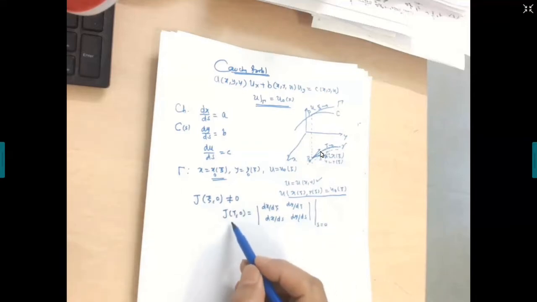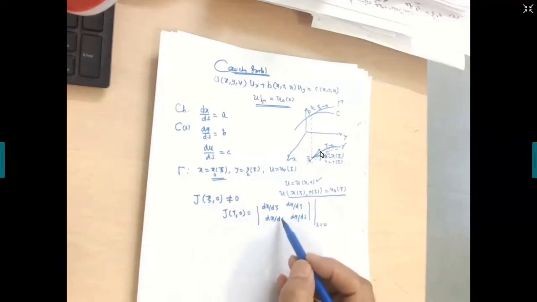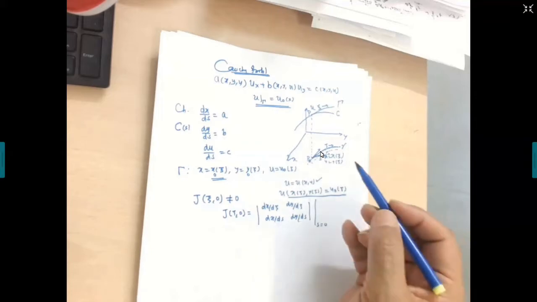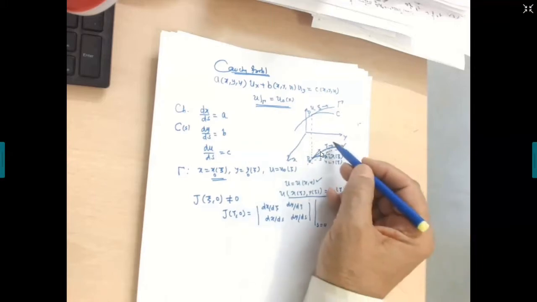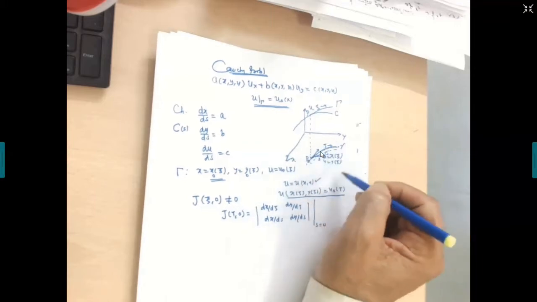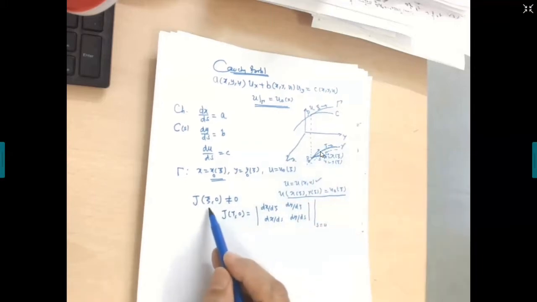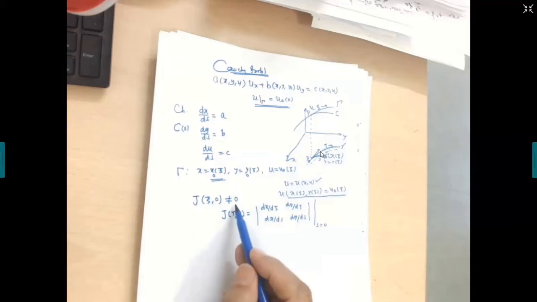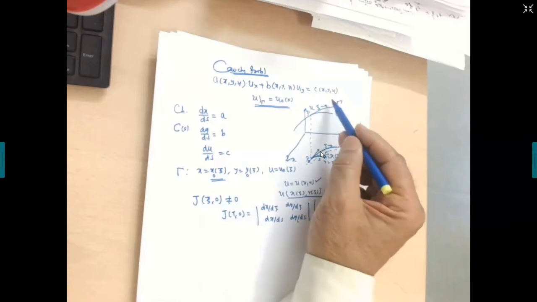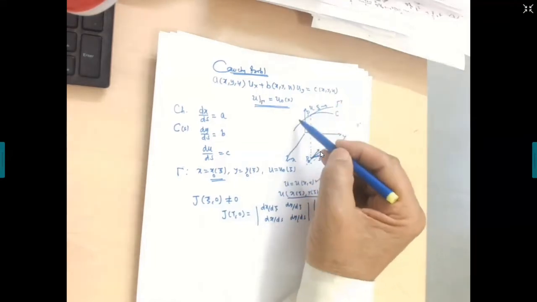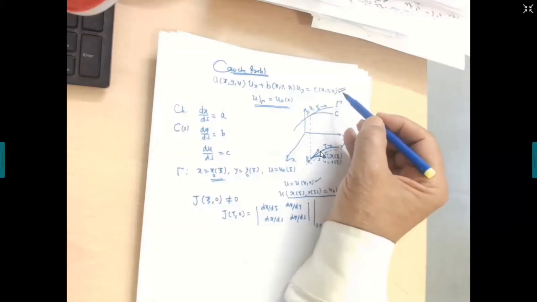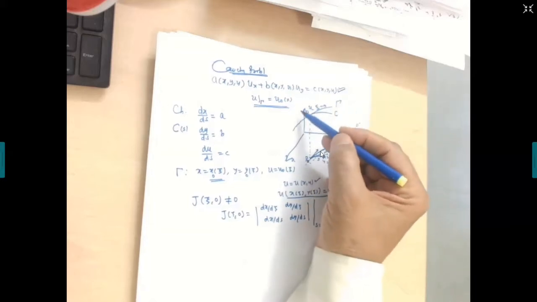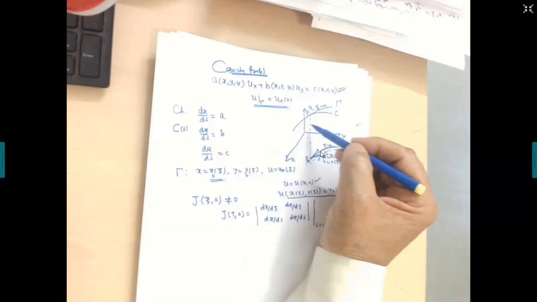But if J is not equal to 0, what is the result? We noticed that if J is different from 0, then a unique solution to this problem exists. If J is not equal to 0, this assertion is equivalent to the statement that this partial differential equation has a unique solution surface containing this space curve gamma.